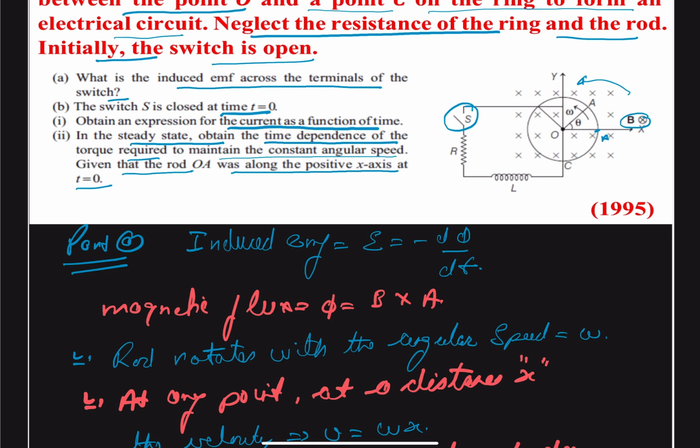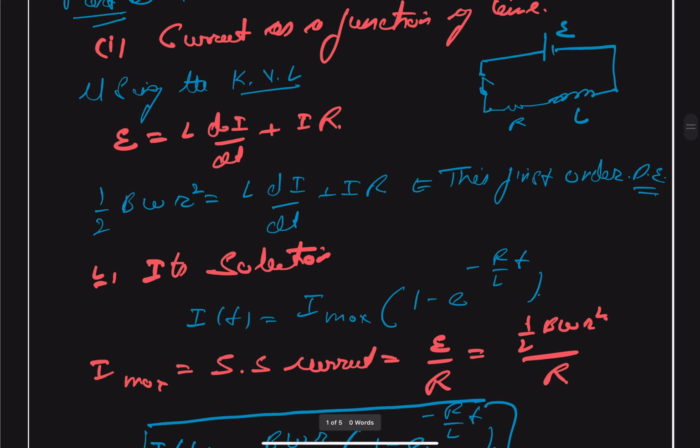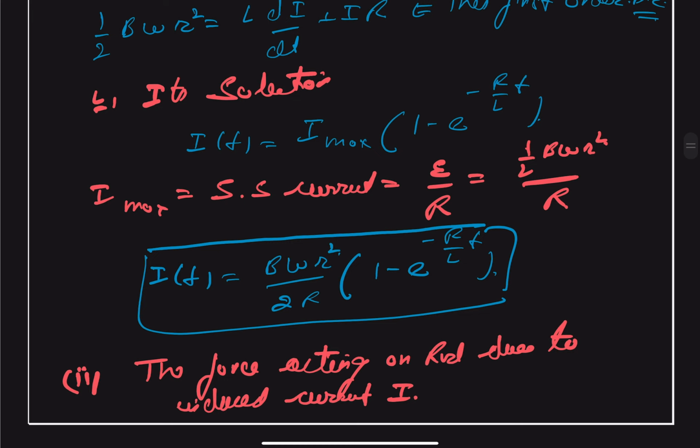In the steady state, obtain time dependence to maintain the constant angular speed. So in order to maintain the constant angular speed, external torque needs to be applied in anti-clockwise direction.